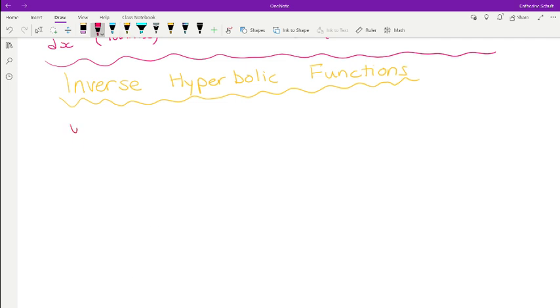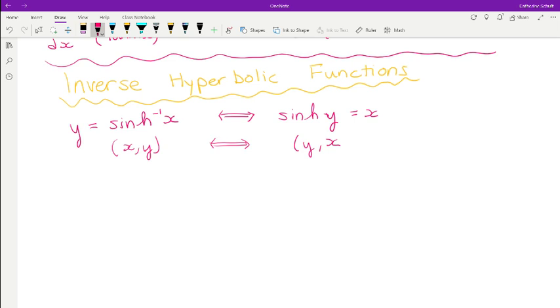So let's consider the inverse hyperbolic sine function of x. All right, so we would write it like this. We know just how inverse functions work, that this means that the normal hyperbolic sine of y is equal to x. All right, because that's how inverse functions work. If we have an ordered pair (x, y), then the inverse function becomes (y, x). Okay, so that's what we're dealing with.